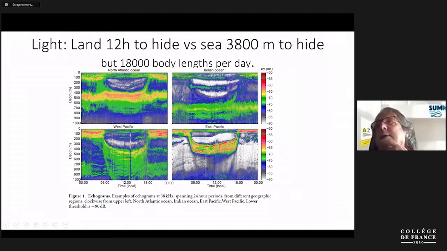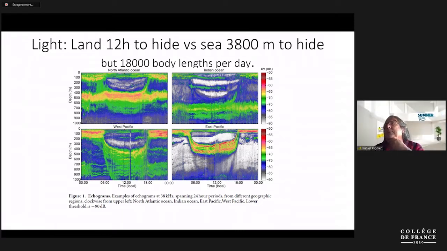So they spend the day in the deep layer to escape predation because it's dark. They are basically living at night all the time. But this implies for this kind of fish that they are moving something like 80,000 body lengths per day just to escape predation. So they are apparently spending a lot of energy going up and down to escape predation.